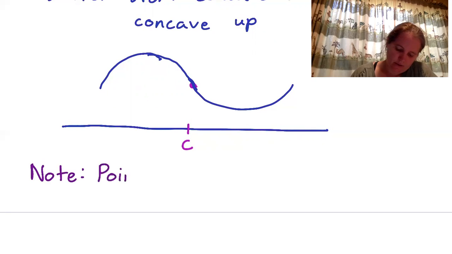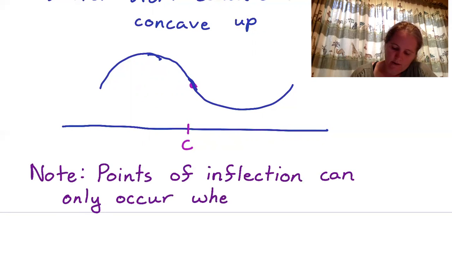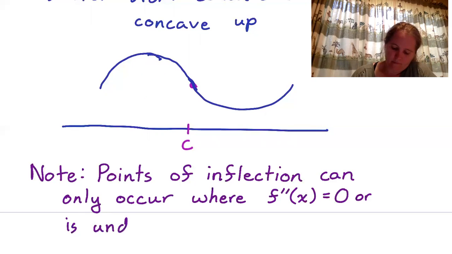So points of inflection can only occur where the second derivative, f double prime of x, is equal to 0 or is undefined.